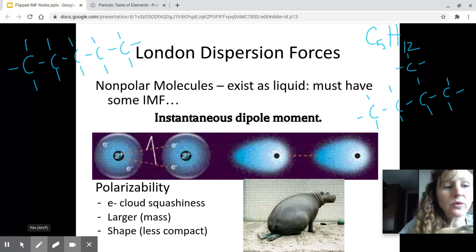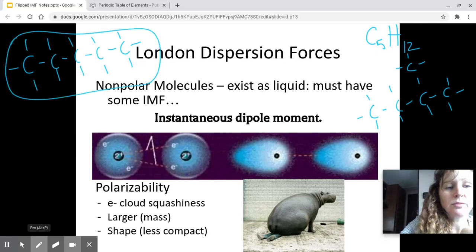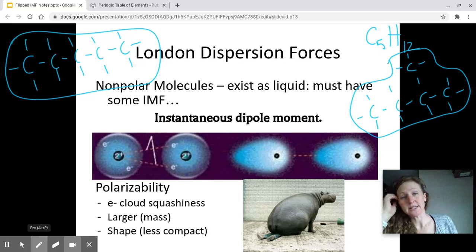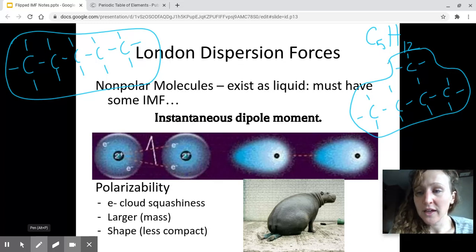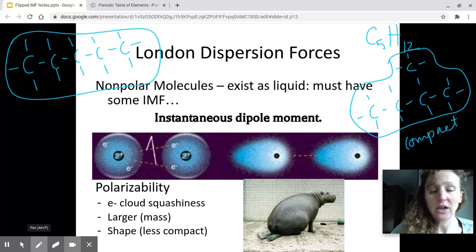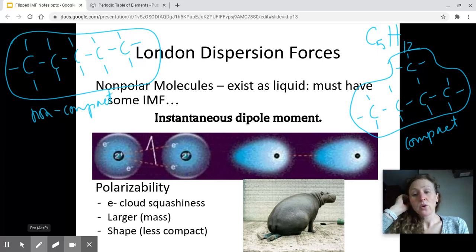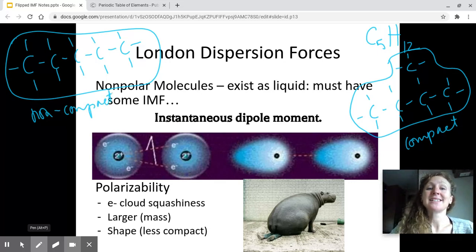Okay, so if we compare these two molecules, they are going to have different London dispersion forces because one of them is more compact and one of them is non-compact. The molecule that is less compact is more able to have its electrons kind of thrown from side to side.